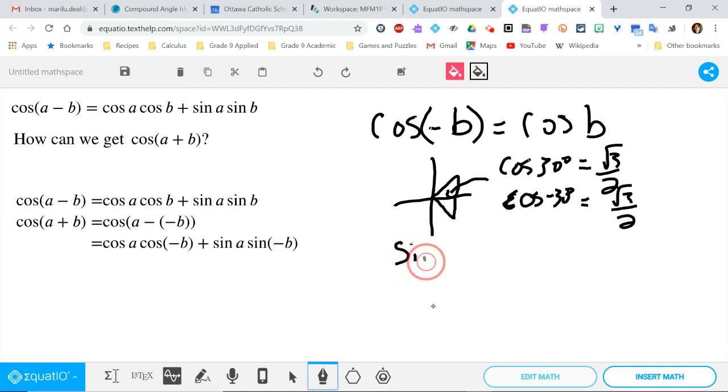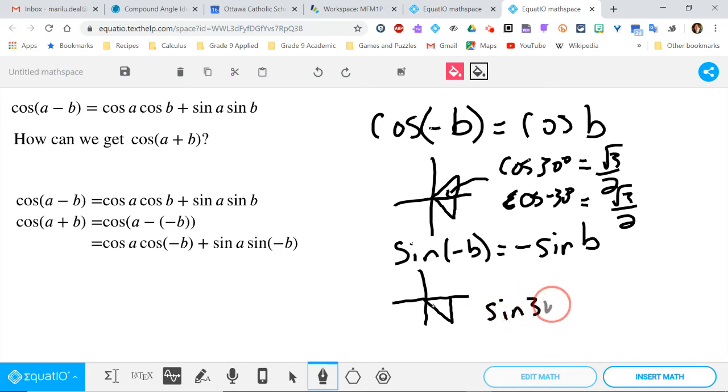Sine is a little bit different. Sine of negative B is equal to negative sine B. So if I'm doing sine of negative B, that's down here. If I look at 30 degrees, the sine of negative 30 degrees is negative 1 over 2.